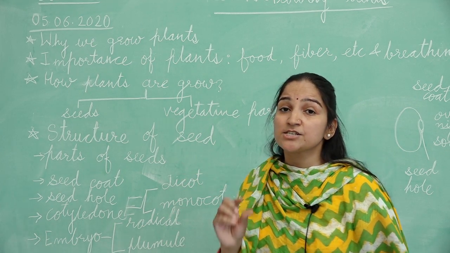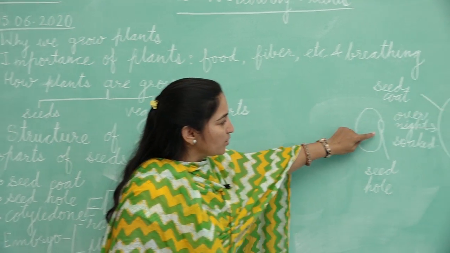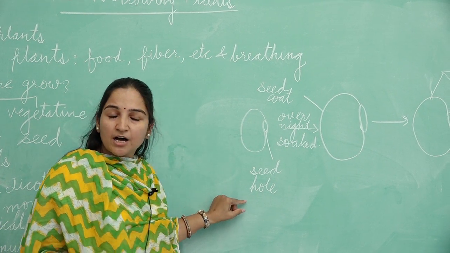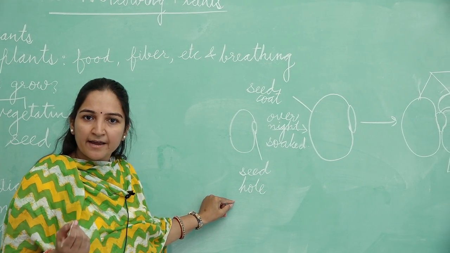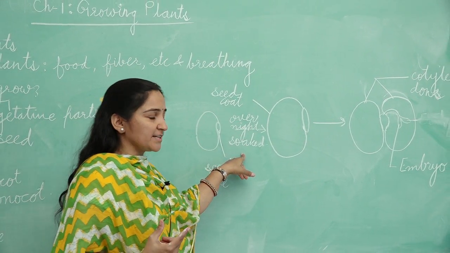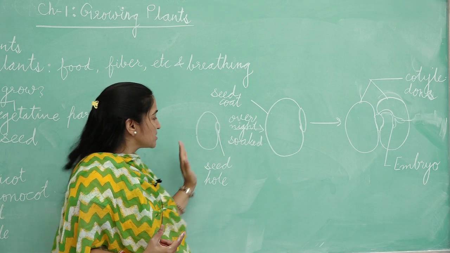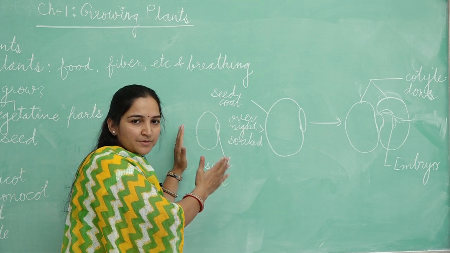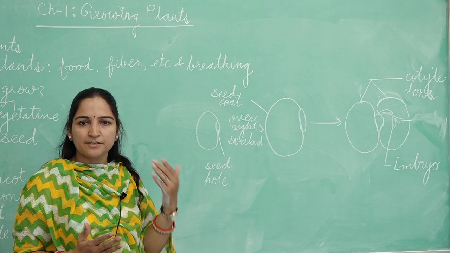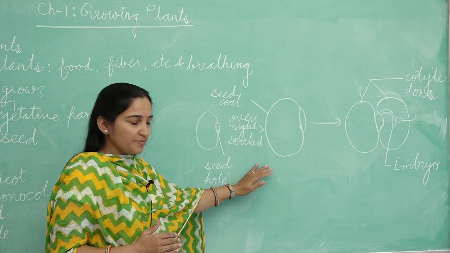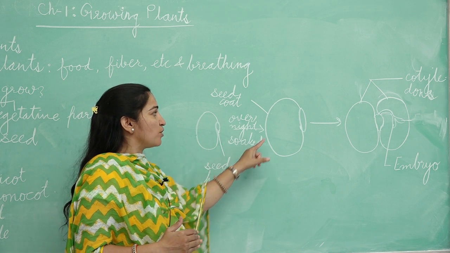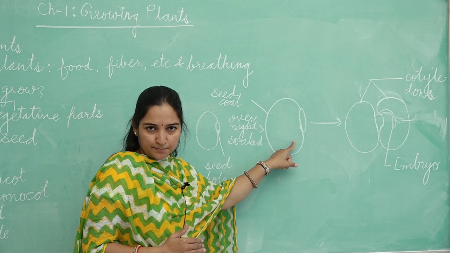Now another one is the seed hole. Why is the seed hole important? It is important because it allows air and water to enter inside the seed. When we soaked it overnight, its size became bigger. The dry seeds, grams, or any other type of seeds, when soaked, the seed hole allows air and water to enter, so the size is bigger.